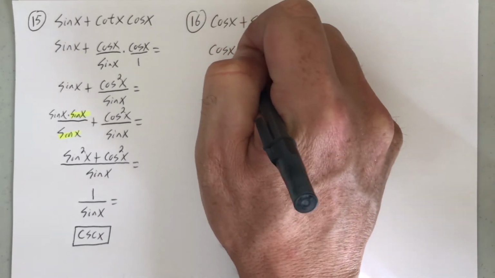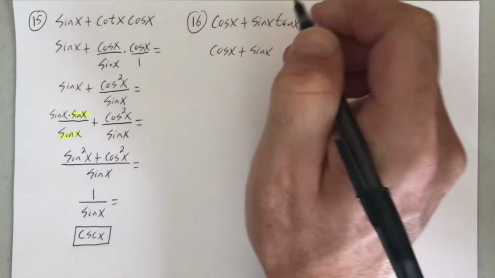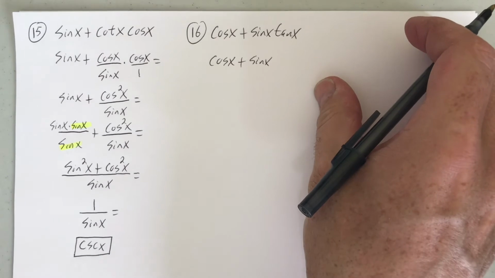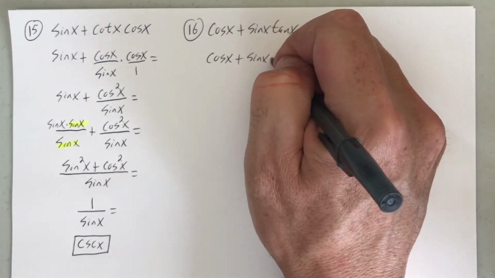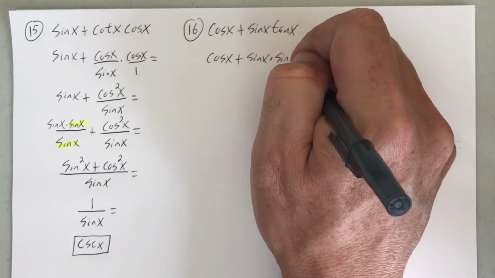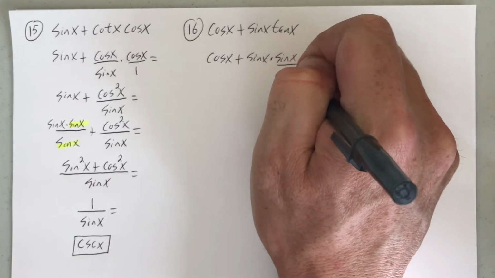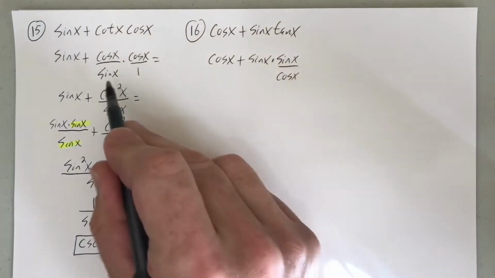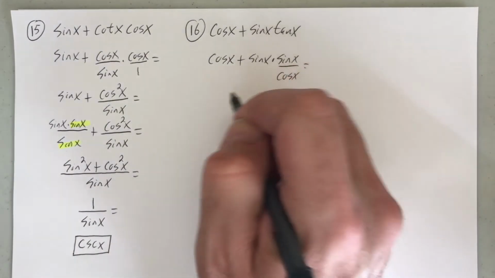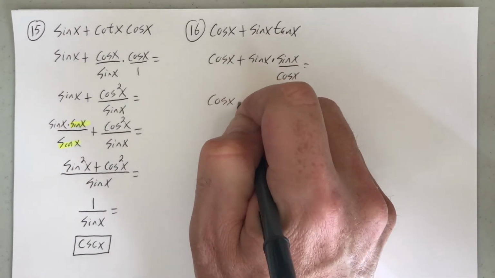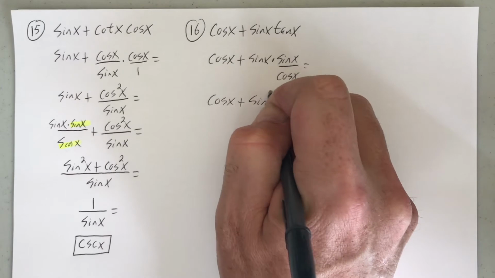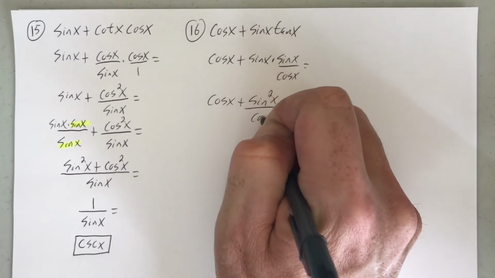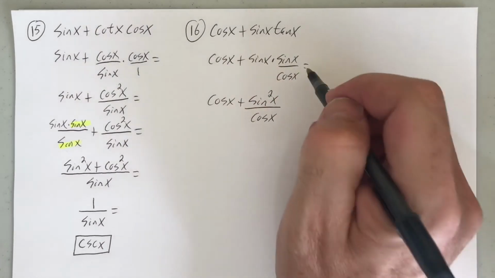Tangent is equal to sine over cosine, so times sine x over cosine x. And then of course I'm going to multiply like I did over here. So that would give me cosine x plus sine squared x over cosine x.